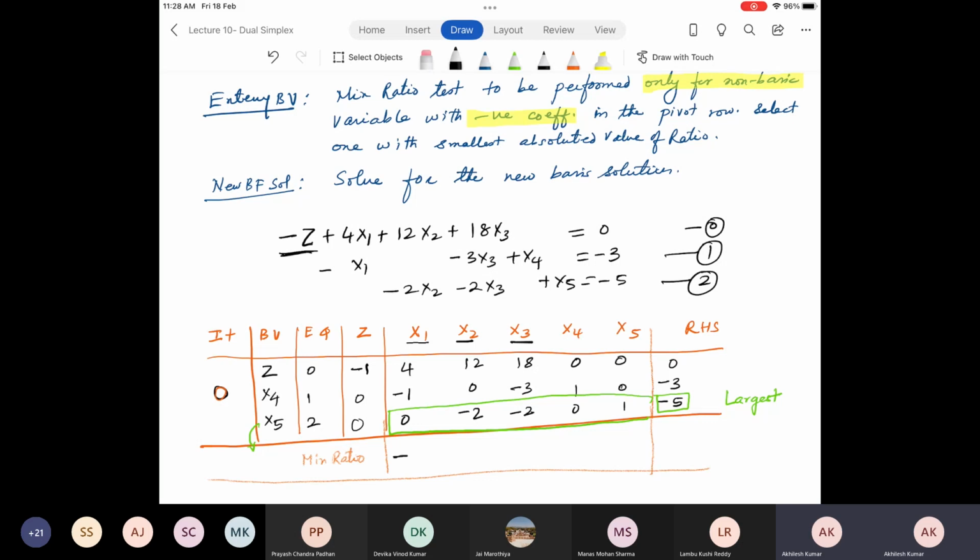Now coming to x2, we have a negative coefficient. So we'll do 12 by -2, which equals -6. For x3, again I have a negative coefficient, so 18 by -2, which equals -9. For basic variables we will not calculate. So among these, which one is the minimum? -9.